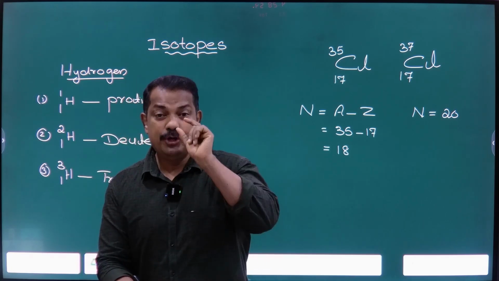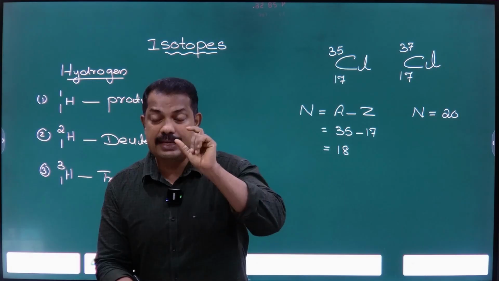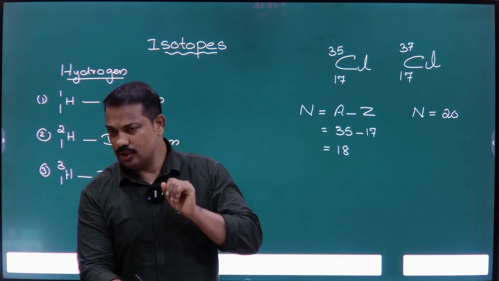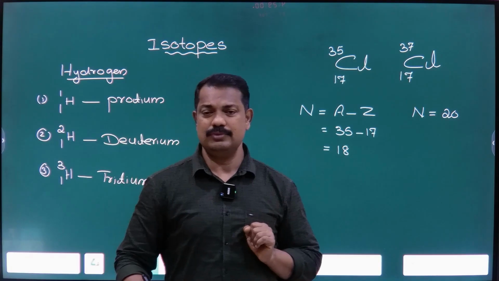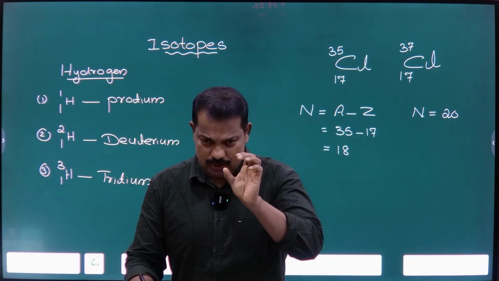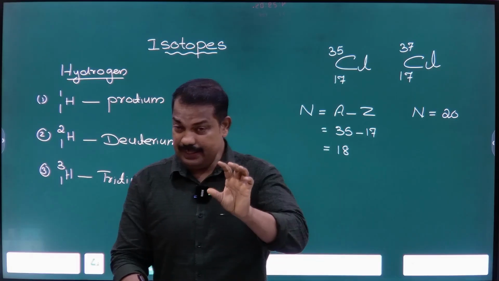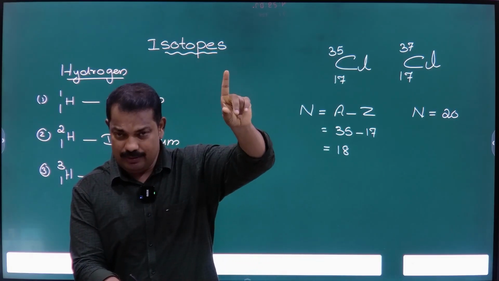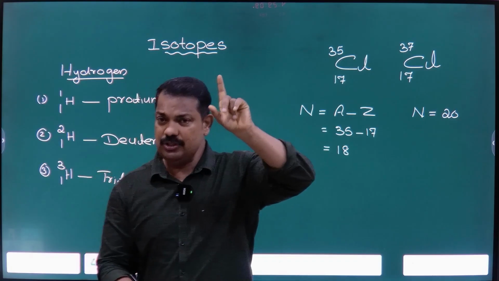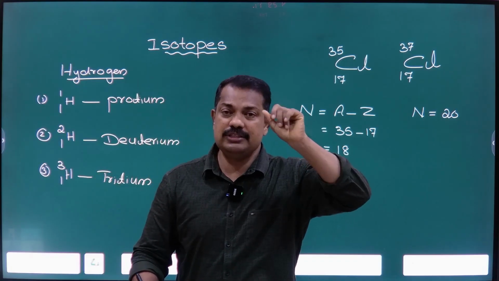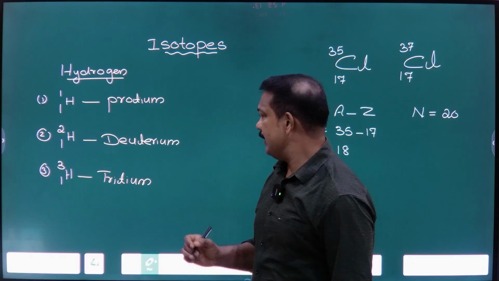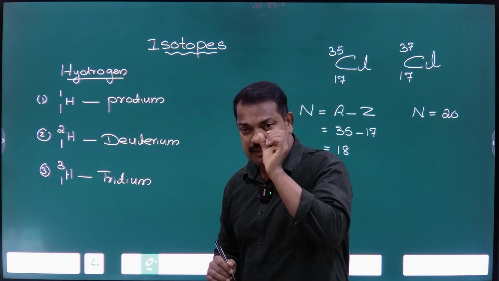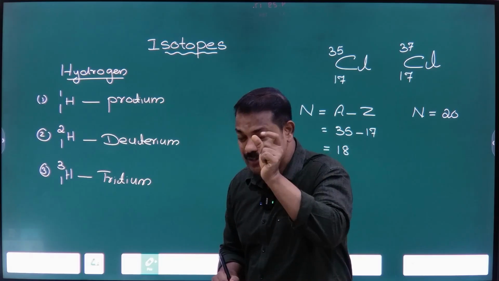Protium 1H1, deuterium 1H2, tritium 1H3. These are the 3 isotopes of hydrogen.